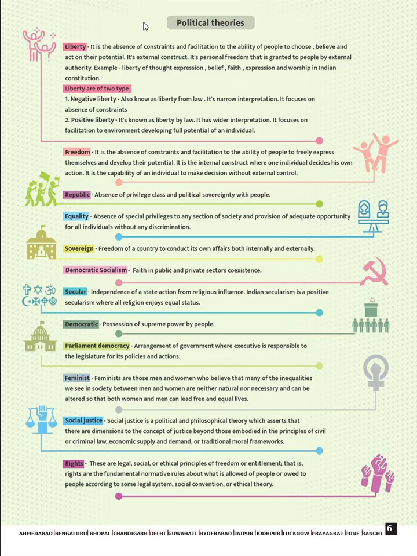Social justice is a political and philosophical theory which asserts that there are dimensions to the concept of justice beyond those embodied in the principles of civil or criminal law, economic supply and demand, or traditional moral frameworks.